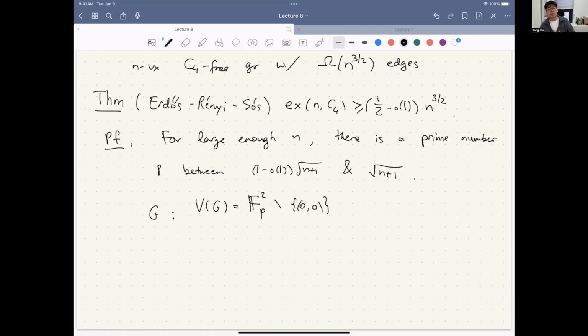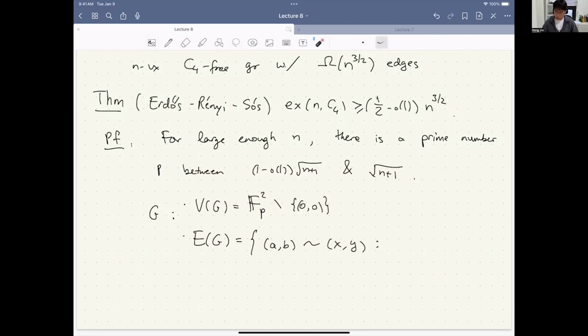So the elements are pairs of elements in F_p. Remove (0,0); the rest are the vertices. How are we going to build an edge? Here's how we build an edge. E of G: you have two vertices (a,b) in F_p squared, adjacent to another vertex, which I write (x,y).